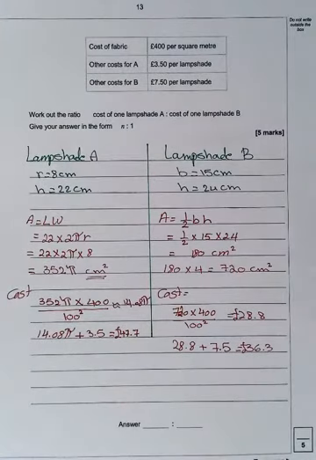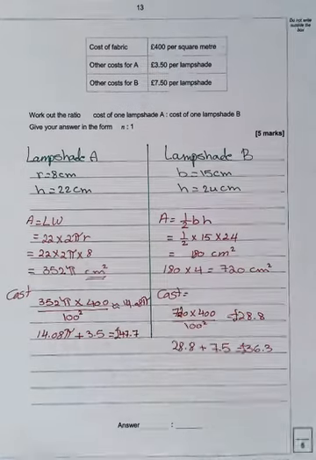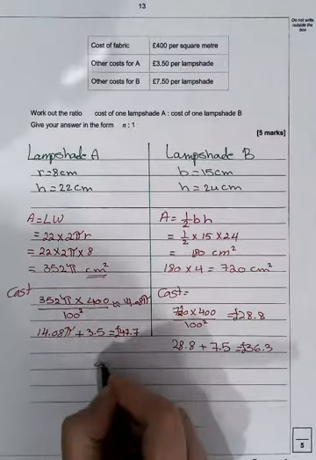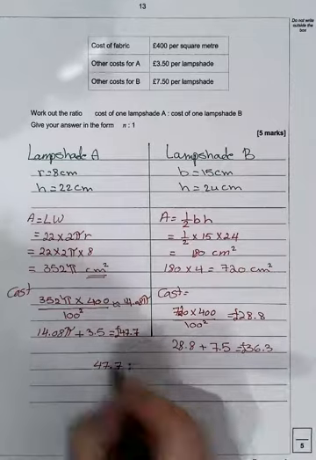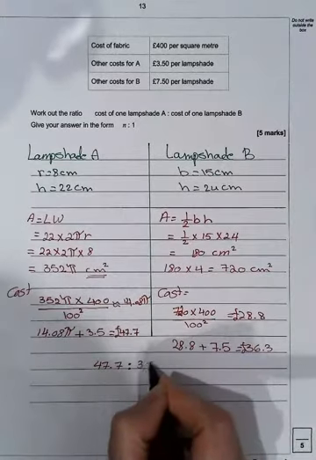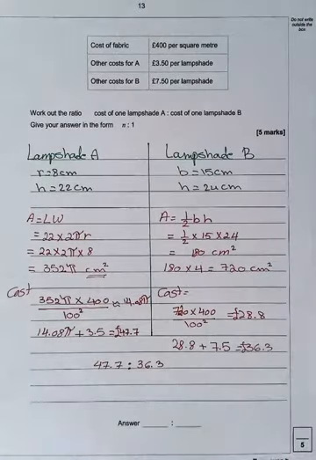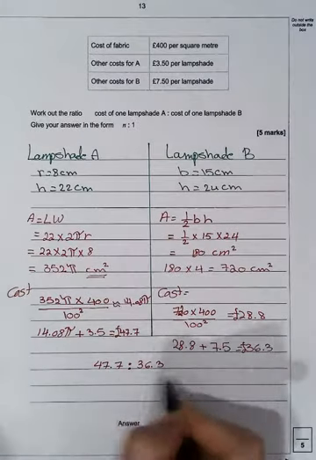Now we need to write the ratio of the cost of lampshade A to lampshade B, and we need to write it as n to 1. So lampshade A is 47.7 to lampshade B, which is 36.3. And because they want us to write it as n to 1, it means this part has to be changed to 1.